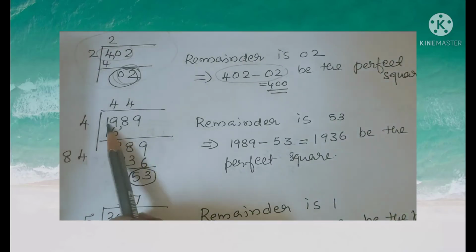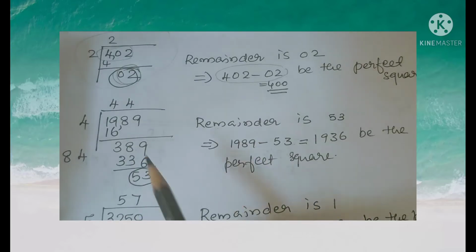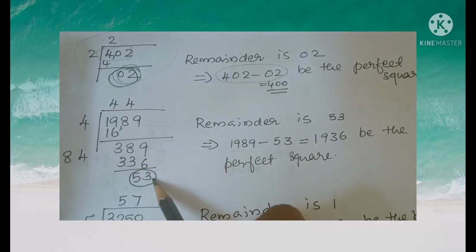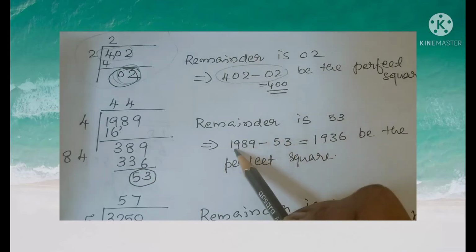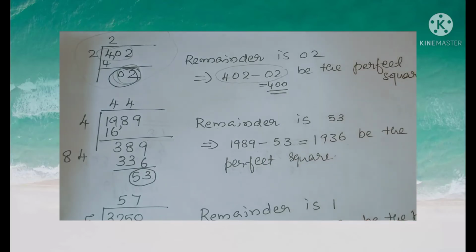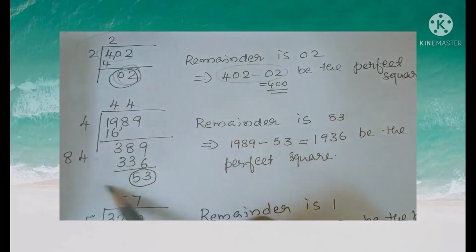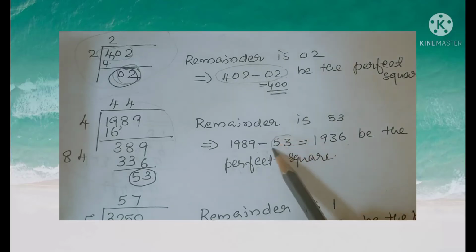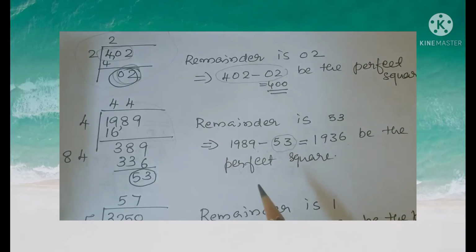The next one, 1989. After doing the process, we got 53 as the remainder. So we subtract 53 from 1989. Then we get 1936, which is a perfect square. The division method is used for finding the remainder, and we subtract the remainder from the given number.